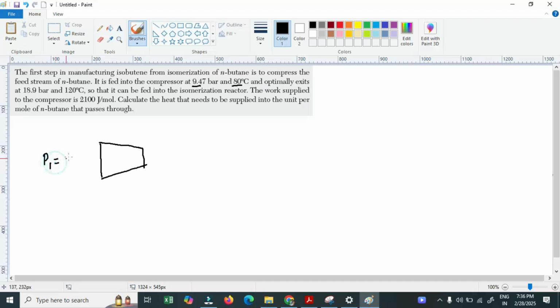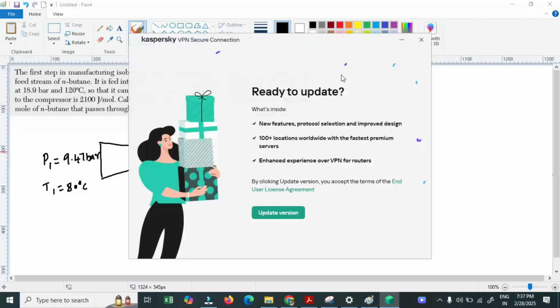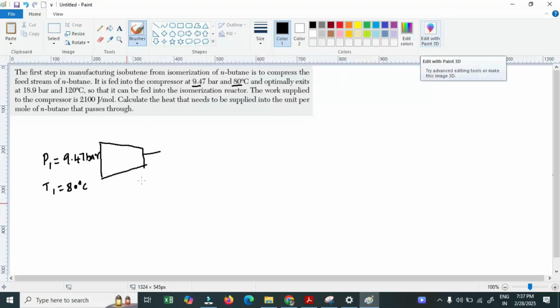Then they have given P2 equal to 18.9 bar and T2 equal to 120 degrees Celsius.